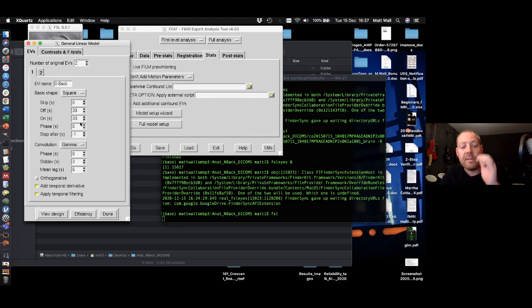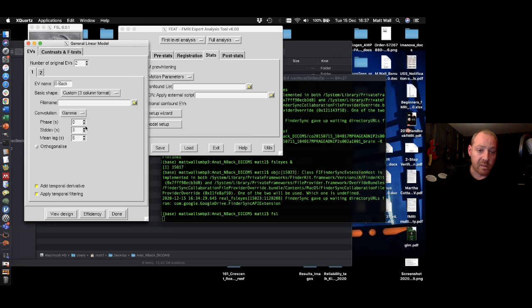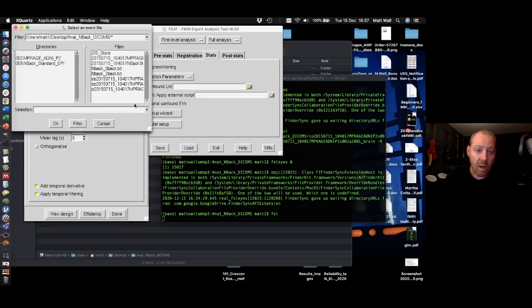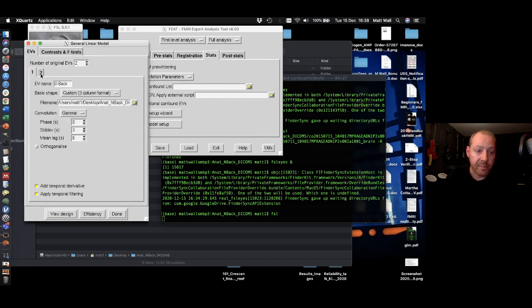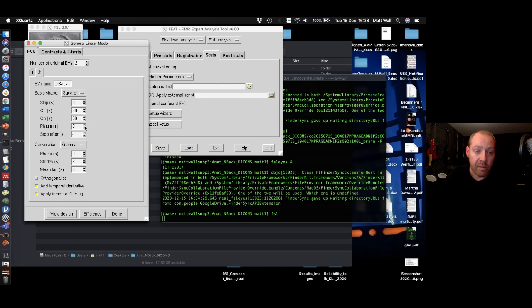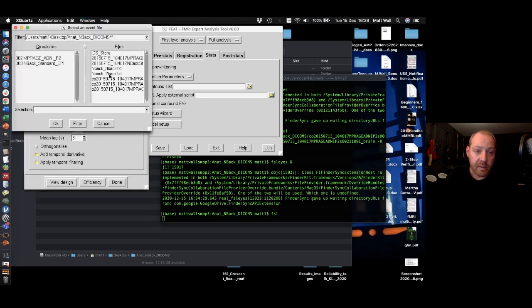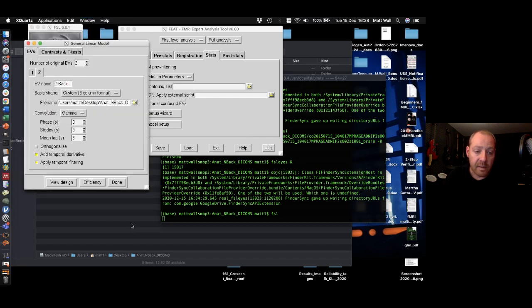So this is where you specify the timings of your experimental design. Now I'm going to cheat because I've done this before. So I'm going to stick in a little text file, which is going to have all the timings in for me. And I'm going to do that for both regressors.